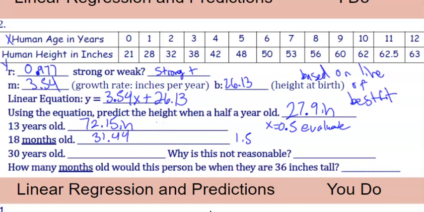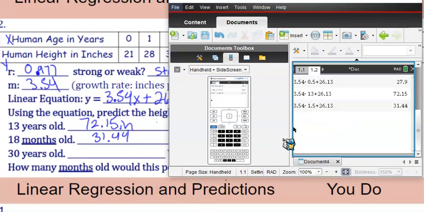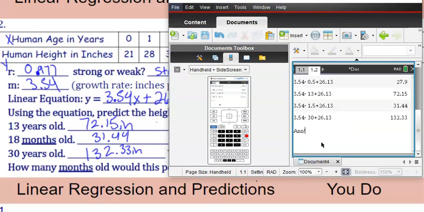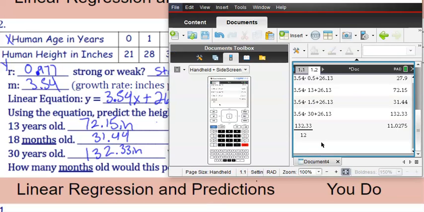And how about 30 years old? $132.33. That's about 11 feet tall.